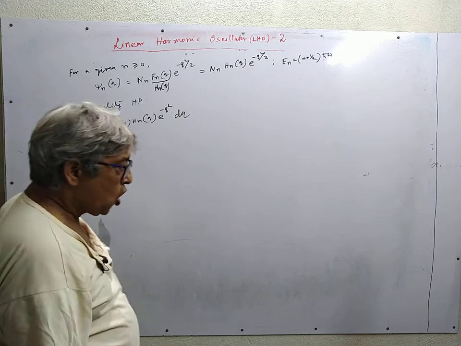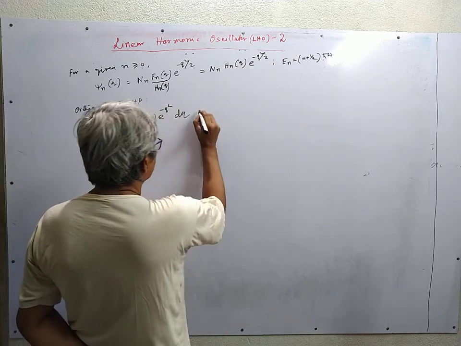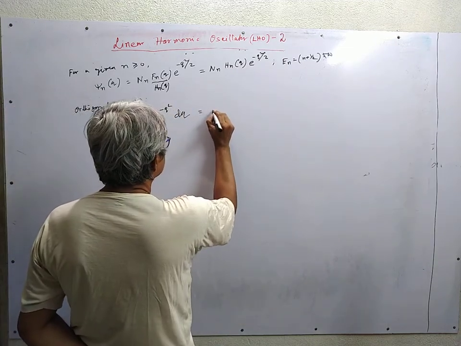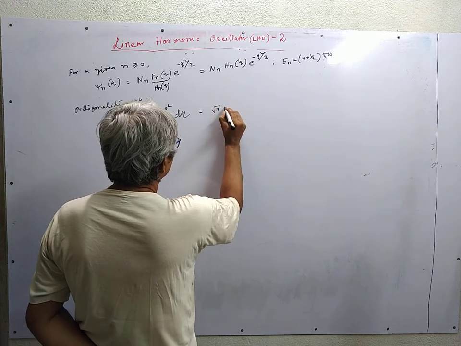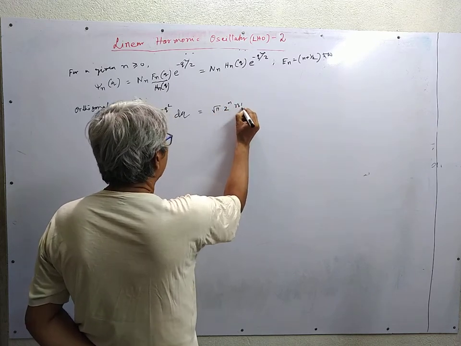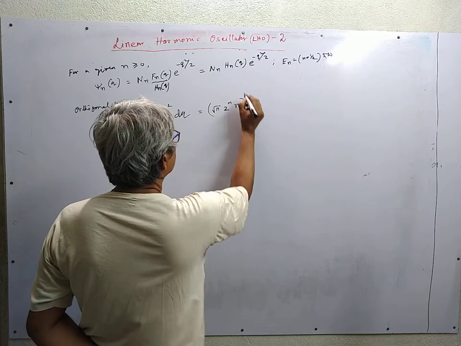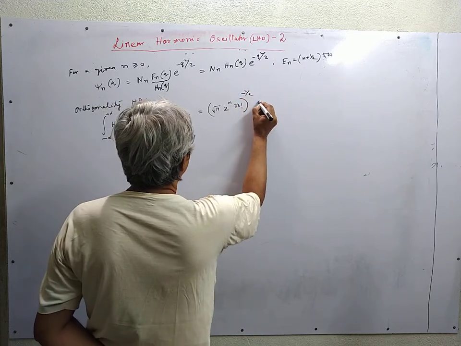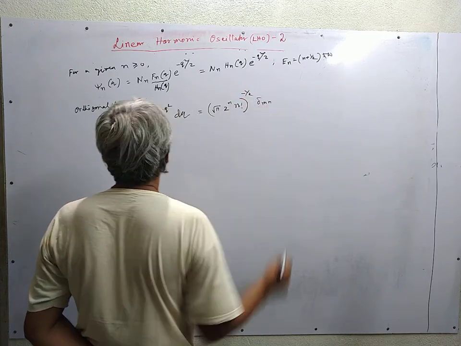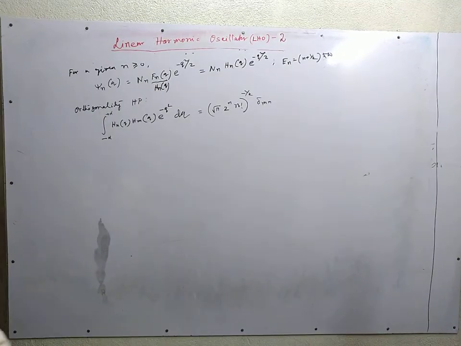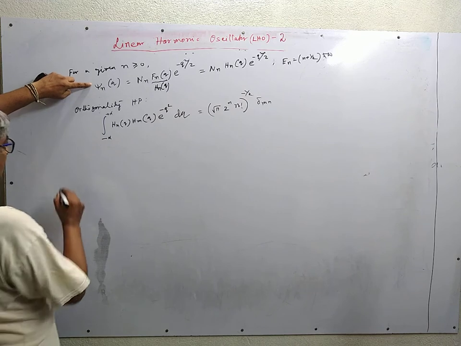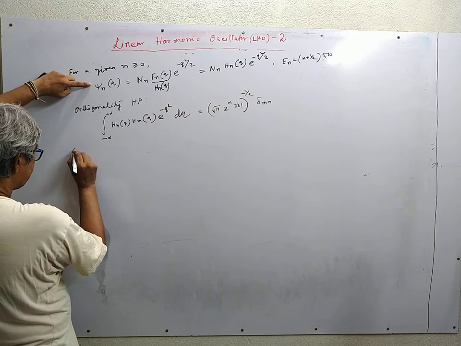They are an orthonormal basis, and this is root pi to the power n factorial to the power minus half delta mn. This is the orthogonality.